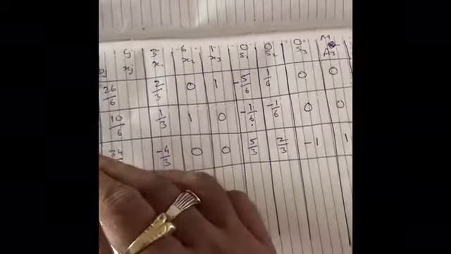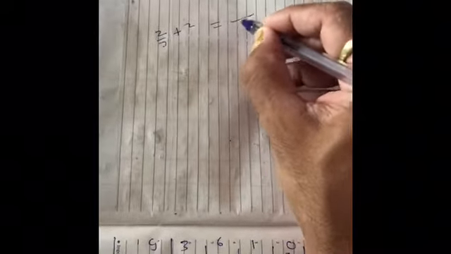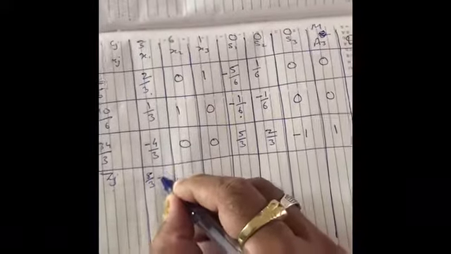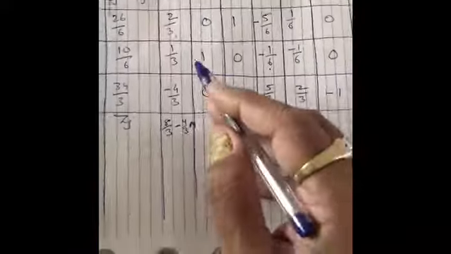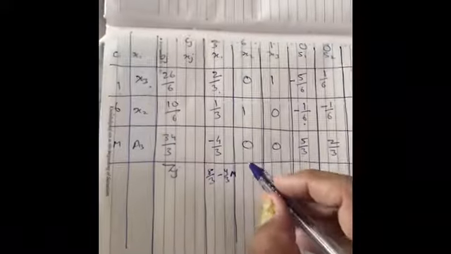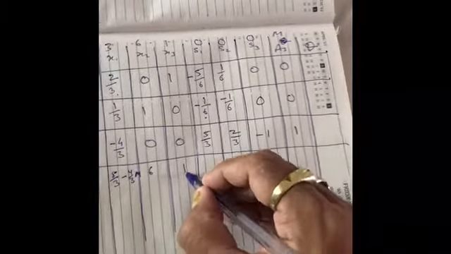Now let's go ahead and calculate the zj value. How to find the zj value? So 1 into 2 upon 3 plus 6 into 1 upon 3. 6 into 1 upon 3 is 2. So now 2 upon 3 plus 2, that is equal to 8 upon 3 minus 4 upon 3 M. This will become 0 here, this will be just 1.